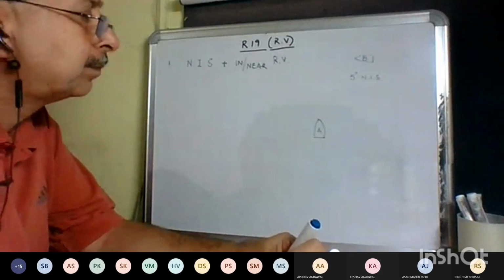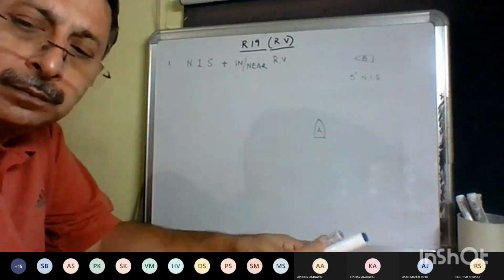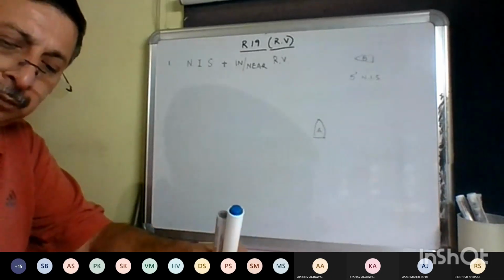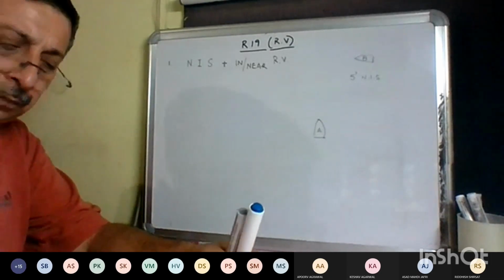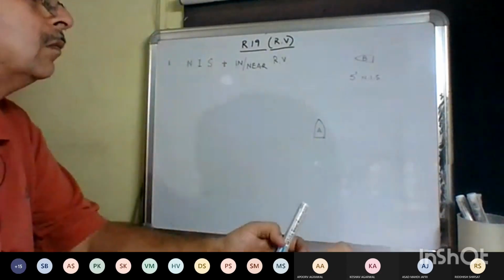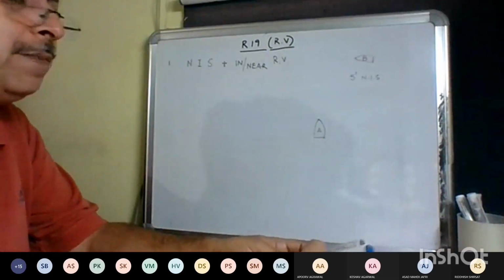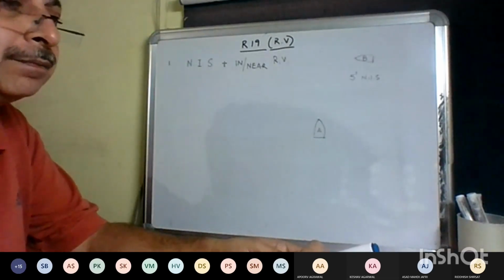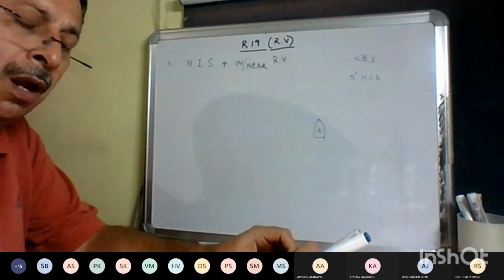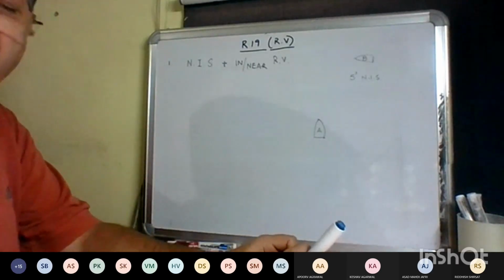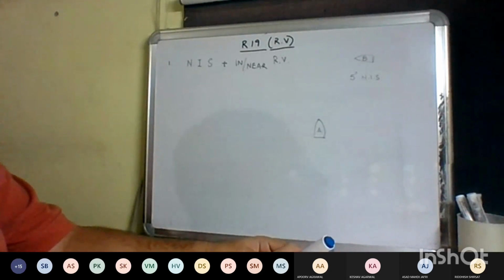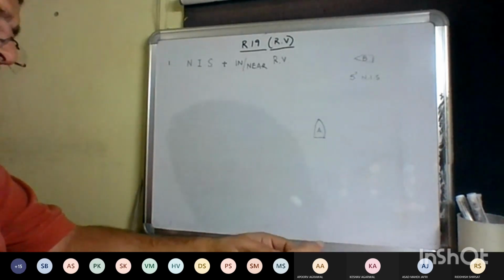Which rule will apply? Will Rule 19 apply?